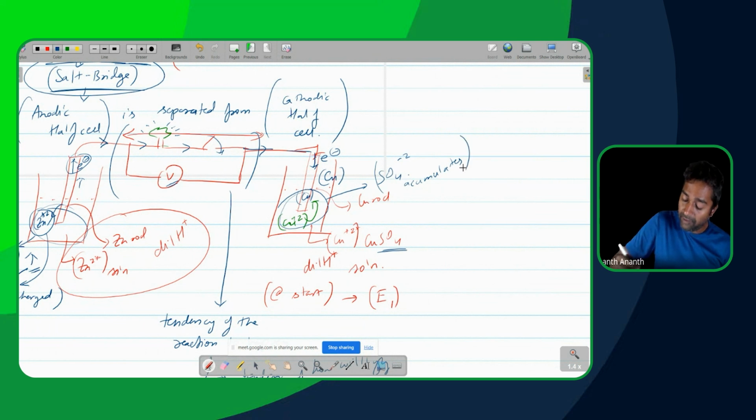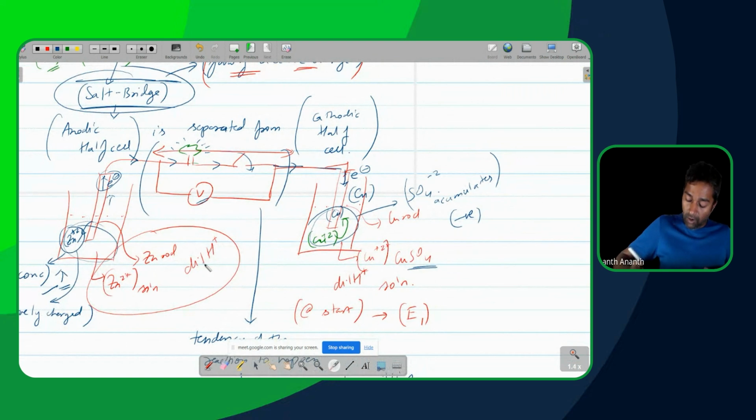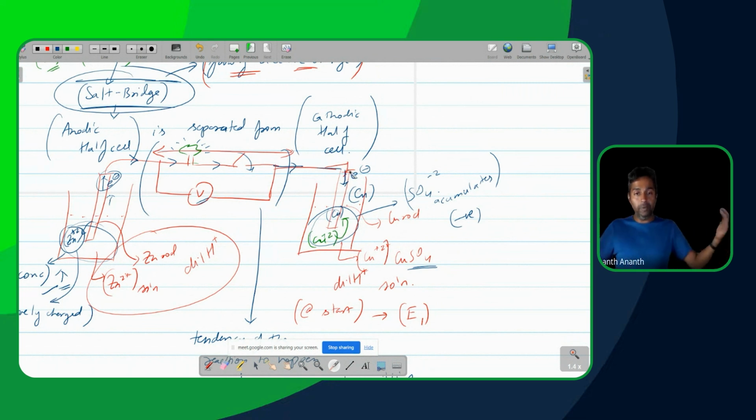So you're going to be having negative charge getting accumulated here. So effectively, on this side, the zinc 2 plus will try to pull the electron back. Here, the negative charge accumulation will push the electrons away. So both sides are going to be rejecting the flow of electricity.